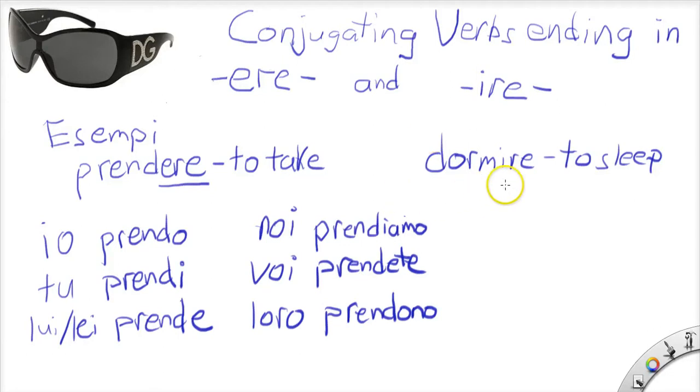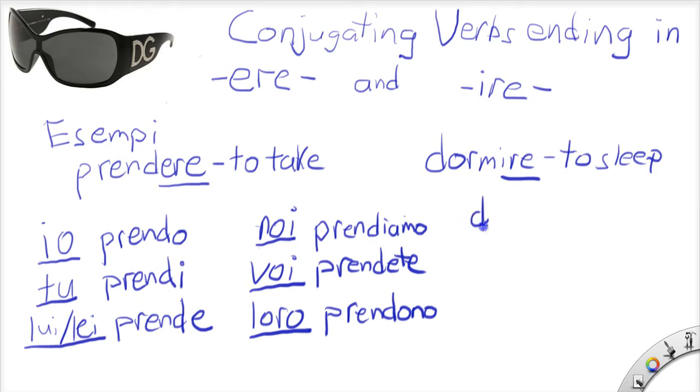Let's see an IRE verb. Okay, IRE, same steps. We drop off the IRE. Now we already have the subject pronouns over here, and so therefore I will not rewrite them. I do not have enough room anyway, but I'll just put the main verb.